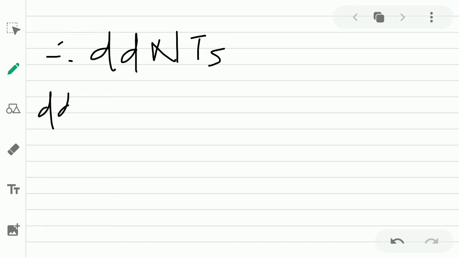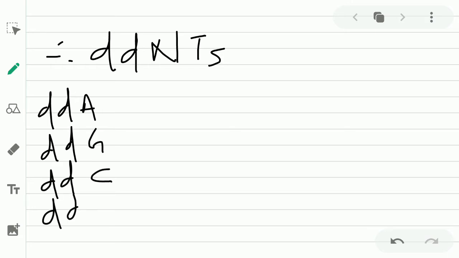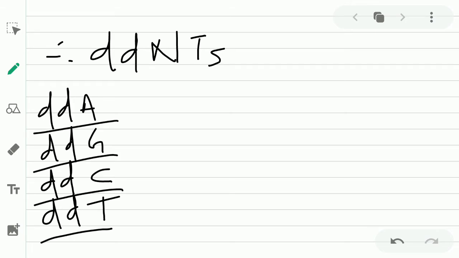That means dideoxy ATP, dideoxy GTP, dideoxy CTP and dideoxy TTP. Okay, dideoxy A, dideoxy G, dideoxy C and dideoxy T. Let us see the chemical difference between normal nucleotides and dideoxy nucleotides.